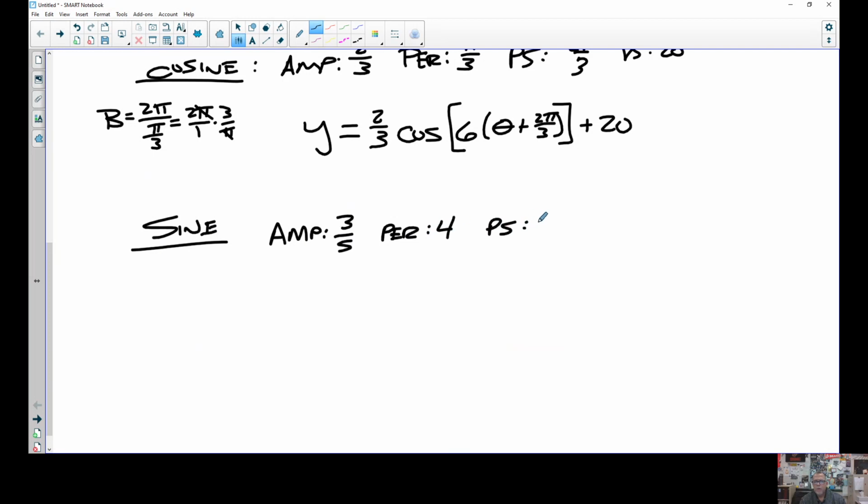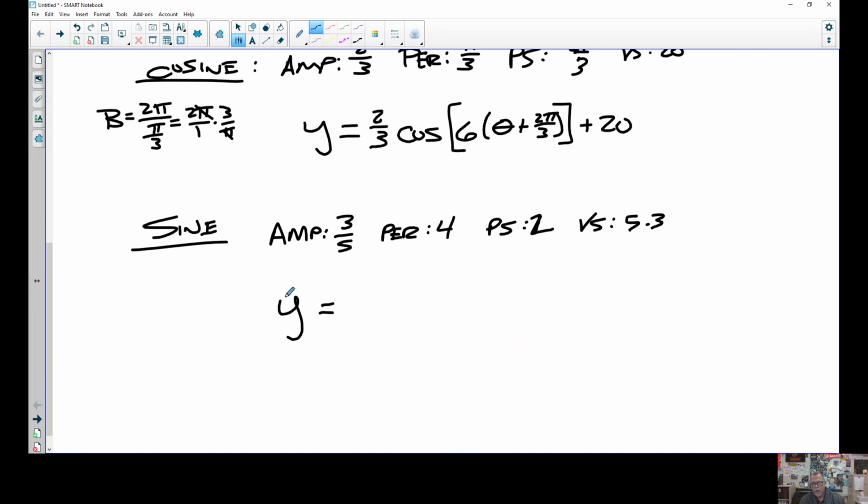Phase shift, let's say 2. Vertical shift is going to be 5.3. All right, so how do I write this?